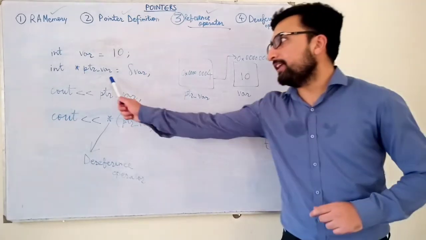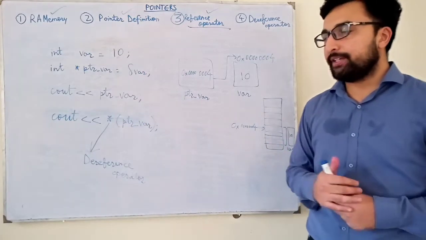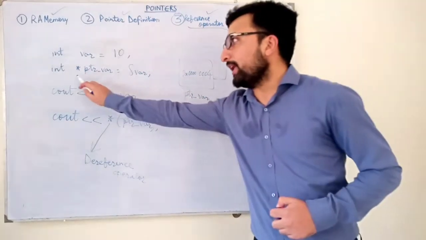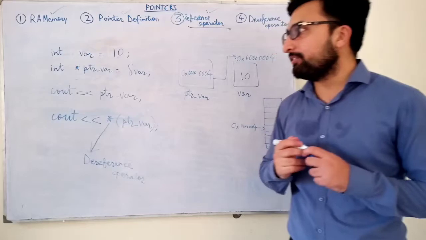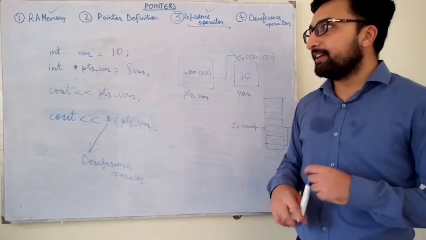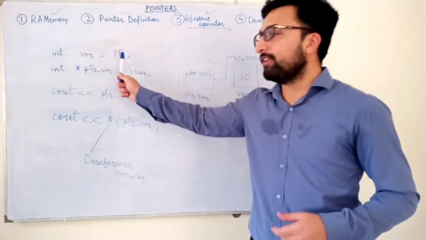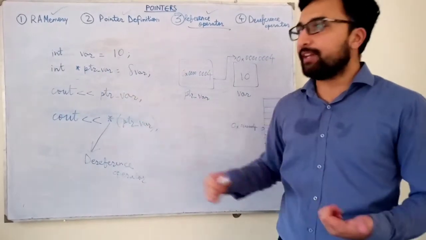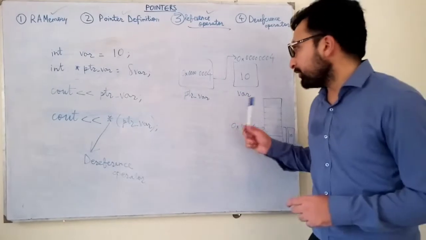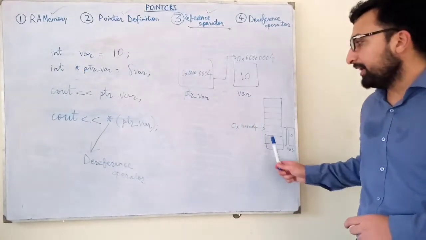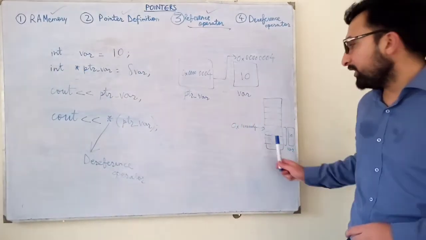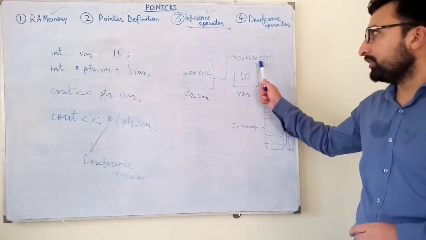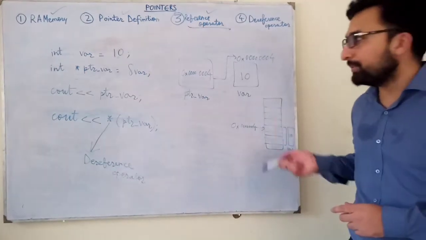We know that we can define and initialize pointers just like this. In the definition, we have to put an asterisk with the name of the pointer variable, and then just like simple variables are filled with a value, pointer variables are filled with the address of another variable. For example, here it was our RAM, and the variable VR was stored at the address 00000004, assuming it is a 4 GB RAM.